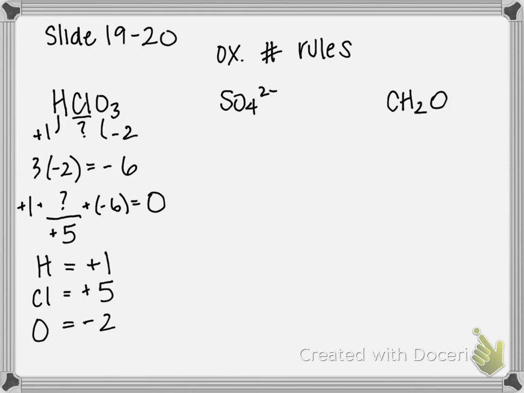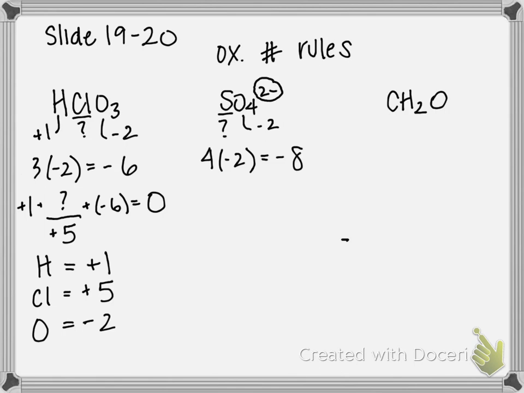For the second example on this page, this is a polyatomic ion. We're trying to add up to this charge right here, 2-. So oxygen, we always know, is -2. We're looking for sulfur. So we have to figure out how much total charge oxygen gives to the compound. 4 times -2 is -8.